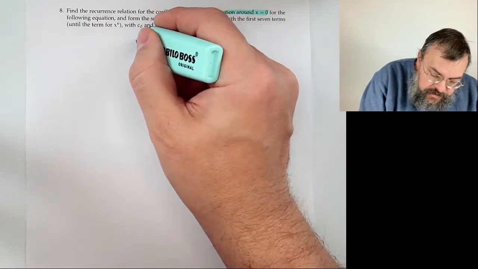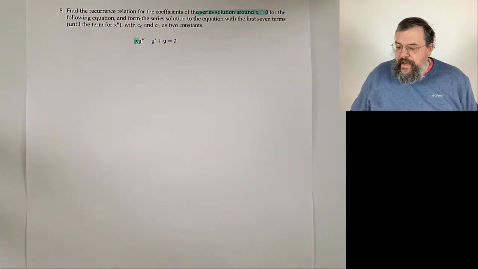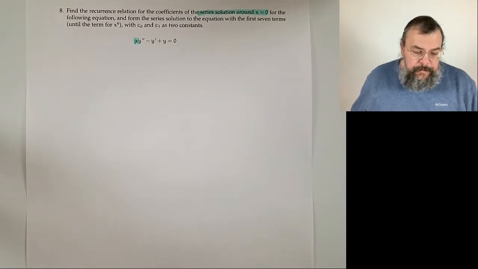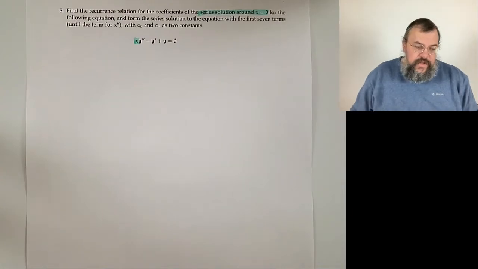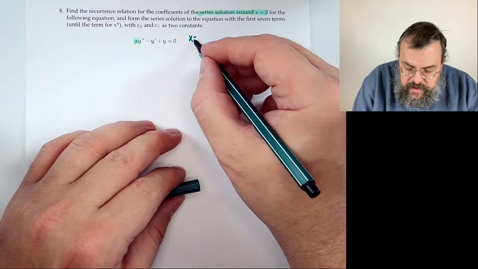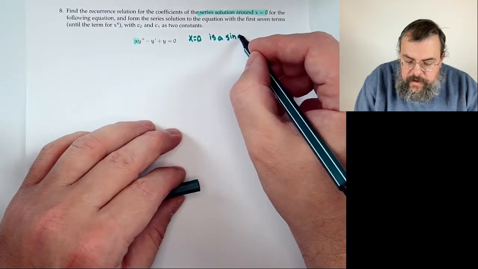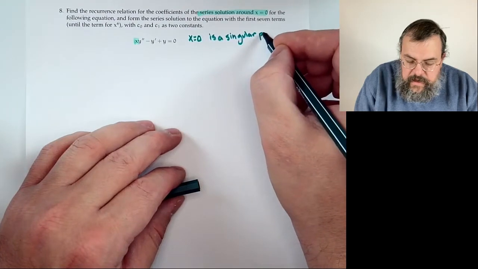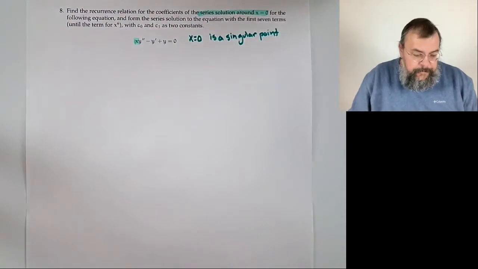Well, the issue comes if you look at that little piece right there. That x in front of the highest derivative, x y double prime. Now, what does that x tell us? Well, it tells us the following. We now can say, hey, x equals 0 is a singular point. And, all right, well, you might say, what's so bad about that?